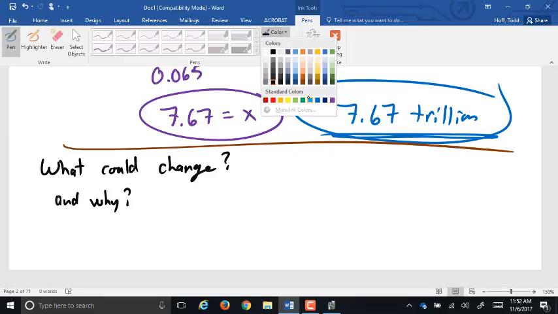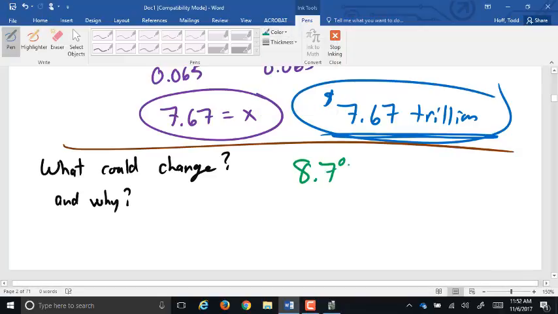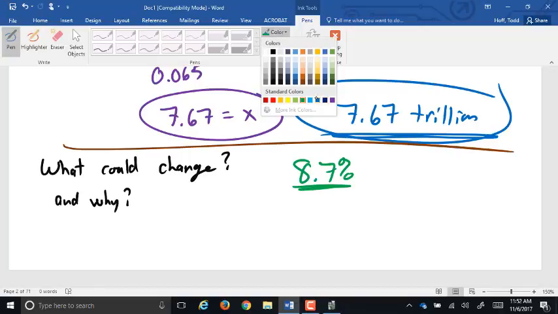Yeah, that 8.7% could change, that decrease, right? Well, what could change that? What could cause the balance to fall faster or slower?